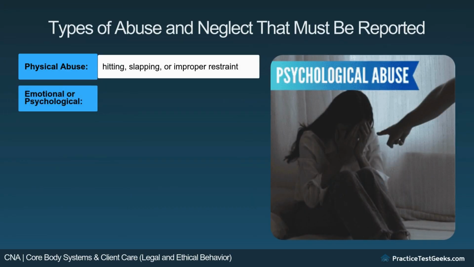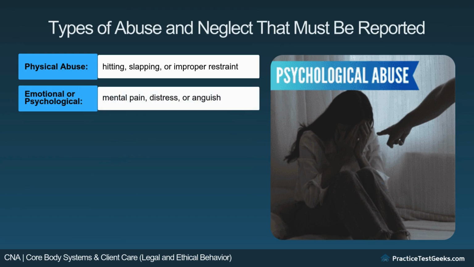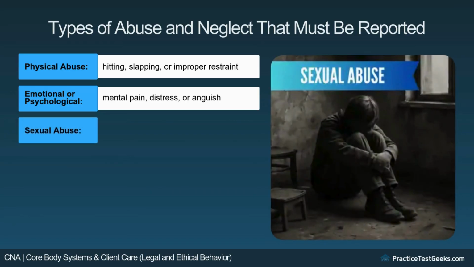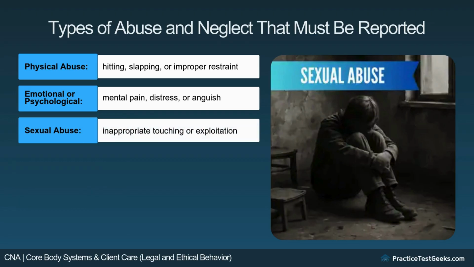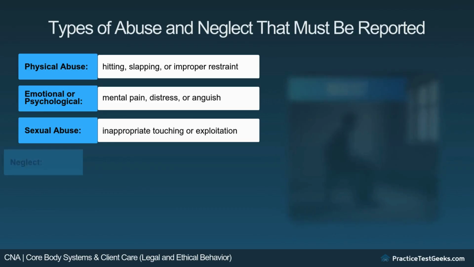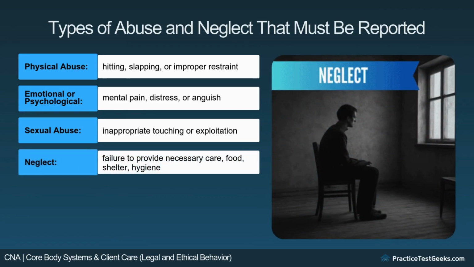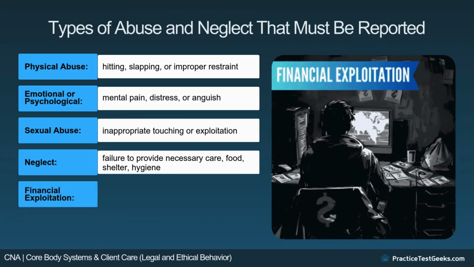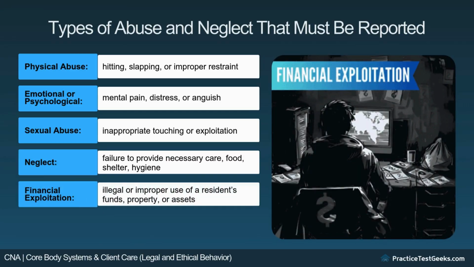Emotional or psychological abuse: behaviors that inflict mental pain, distress, or anguish, including verbal insults, threats, humiliation, or isolation. Sexual abuse: any unwanted sexual contact or behavior, including inappropriate touching or exploitation. Neglect: failure to provide necessary care, food, shelter, hygiene, or medical treatment, leading to harm or risk. Financial exploitation: illegal or improper use of a resident's funds, property, or assets.